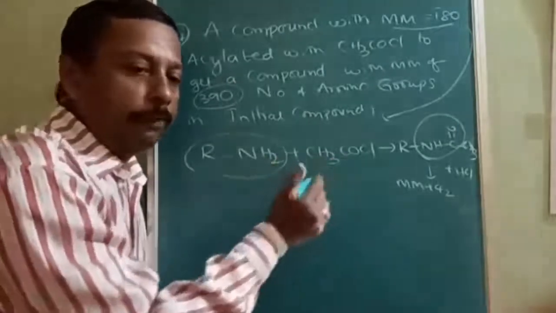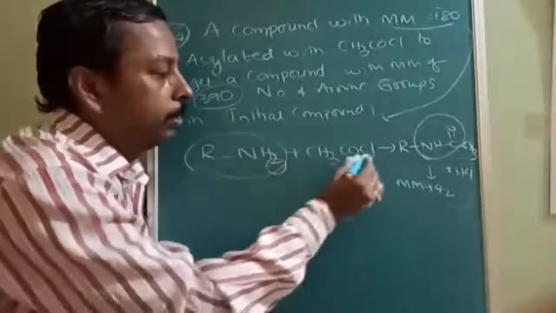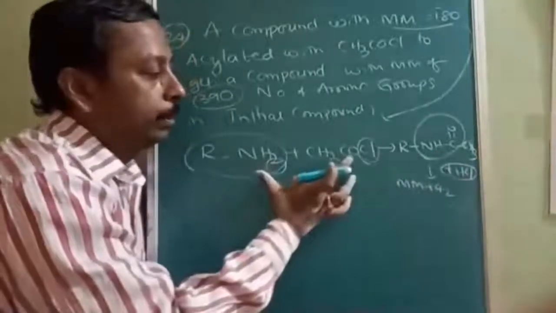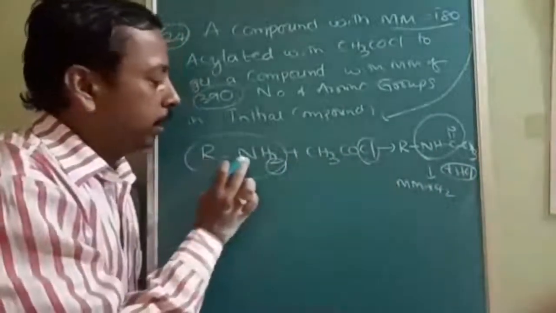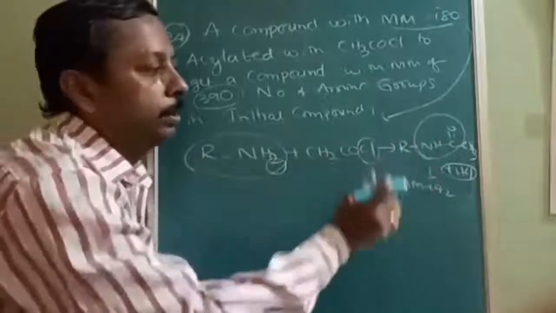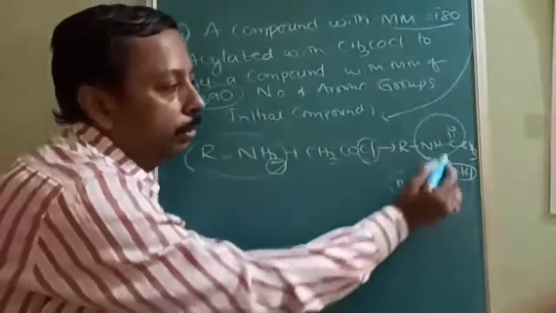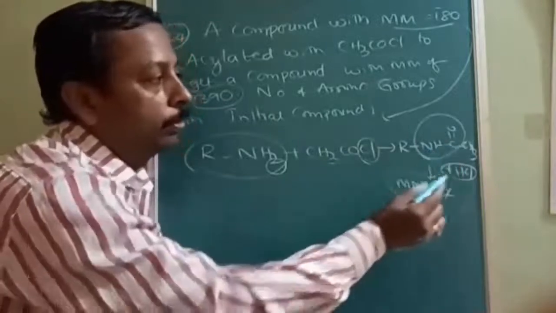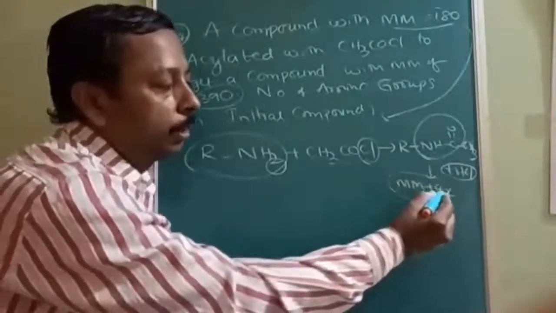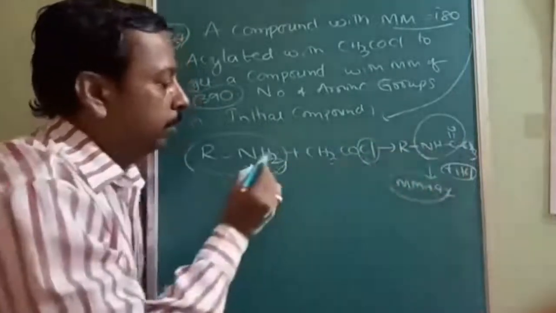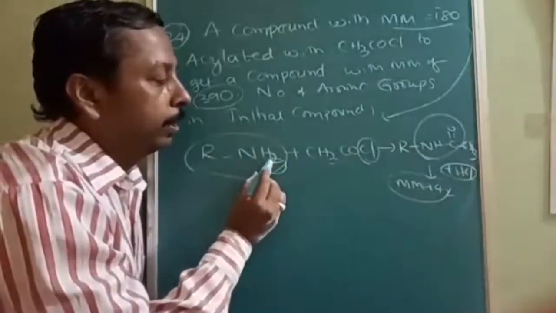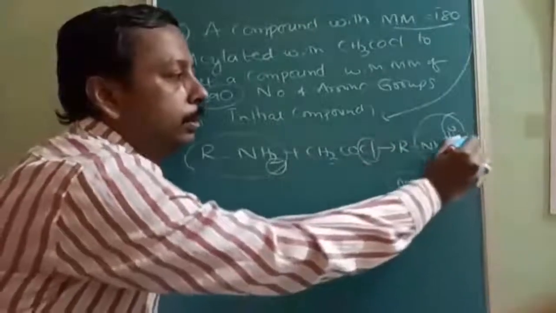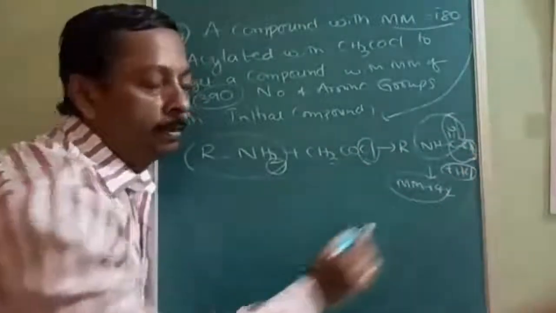After this reaction, one hydrogen and one chlorine will be eliminated as HCl, and the remaining product will be RNHCOCH3. The extra group attached is CH3CO, with one hydrogen eliminated, and the molecular mass of CH3CO is 42.